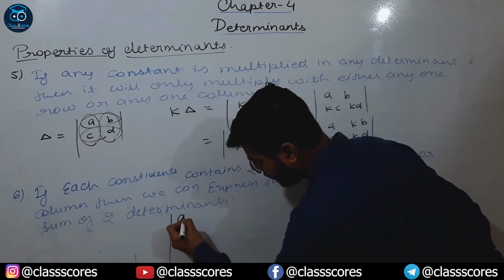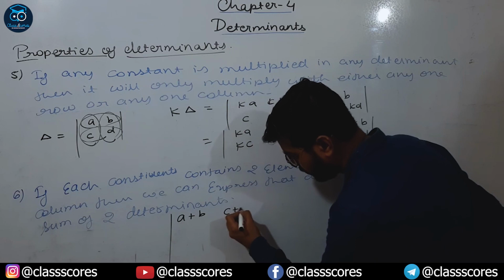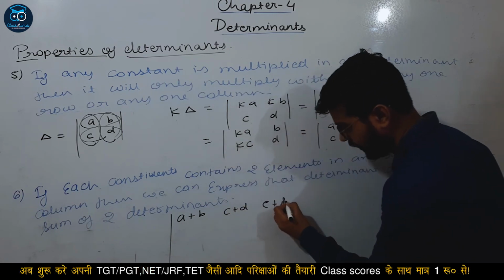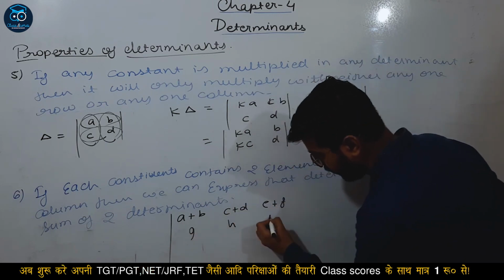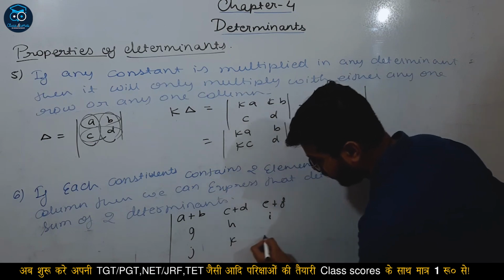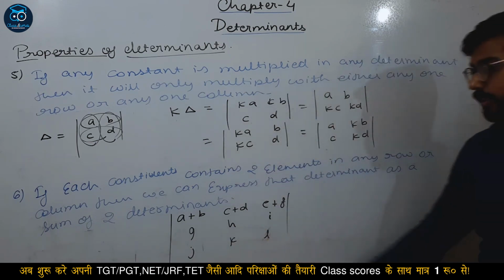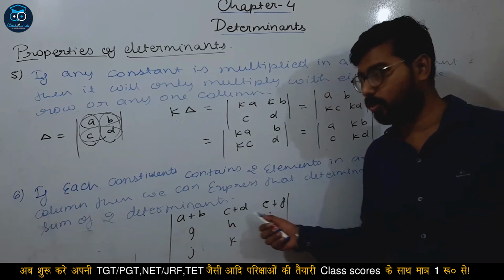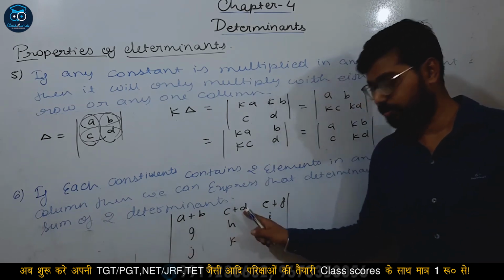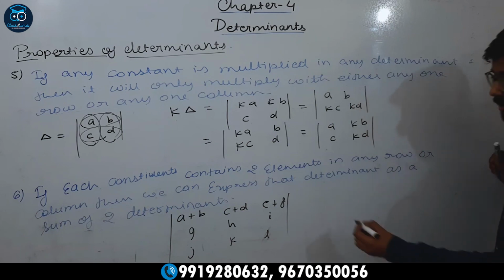Suppose a determinant is given: A plus B, C plus D, E plus F, G, H, I, J, K, L. Here, each constituent of one row is written in two terms, a sum of two elements.